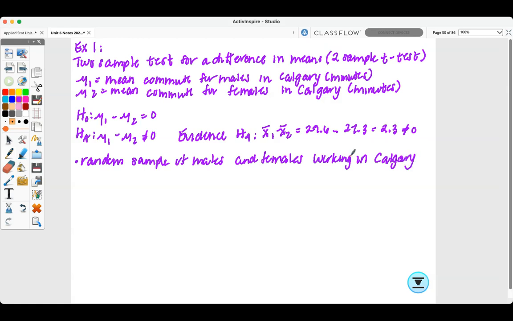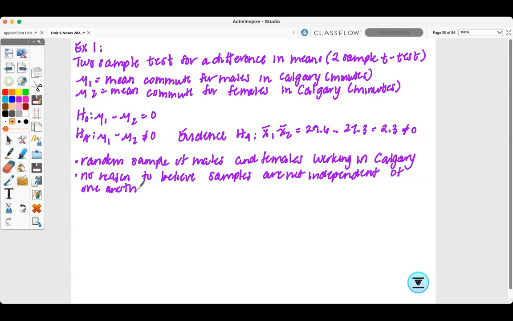No reason to believe samples are not independent of one another. And our sample is large enough: n1 equals 247, which is greater than 30, and n2 equals 253, which is greater than 30.